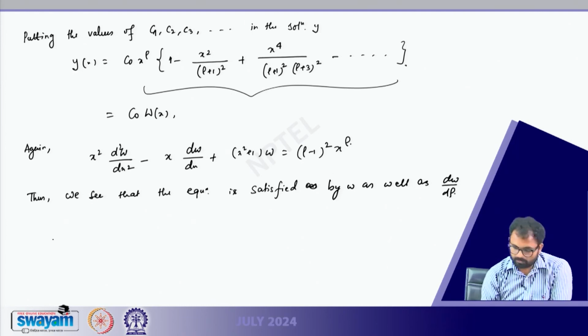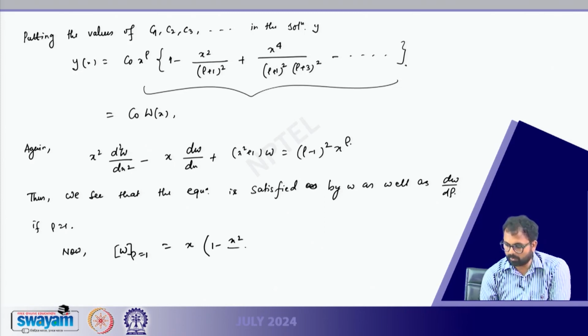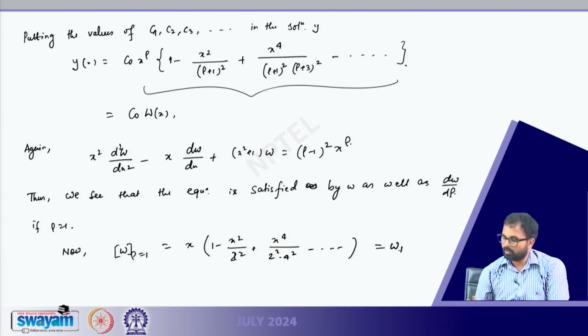So, if rho is 1, we can calculate w at rho equals 1, which is given by x into [1 minus x square by 2 square plus x to the power 4 by 2 square times 4 square minus dot dot and so on], which equals w1.